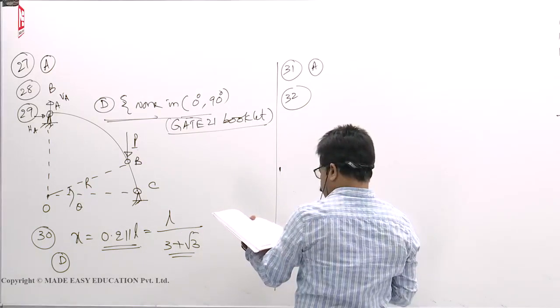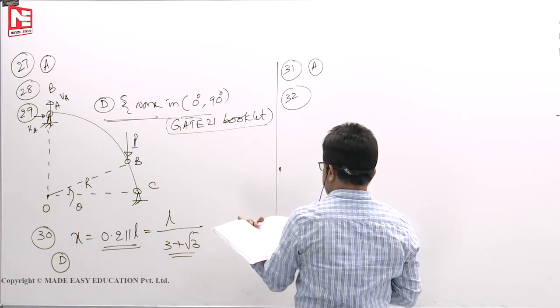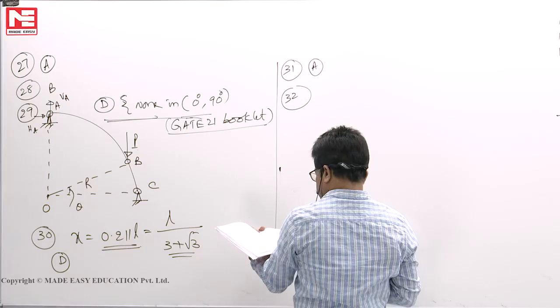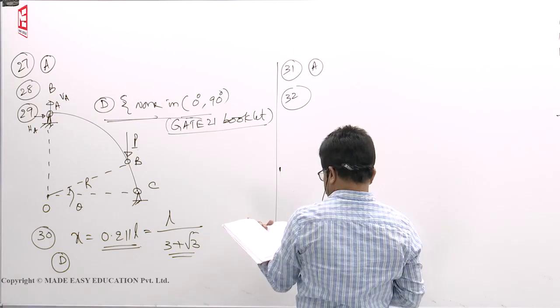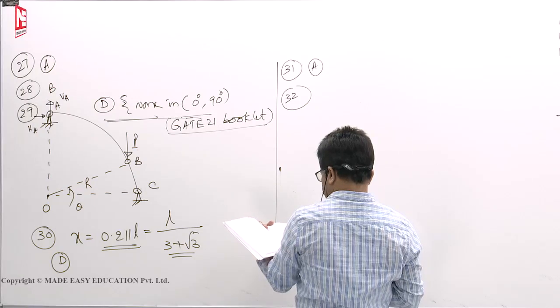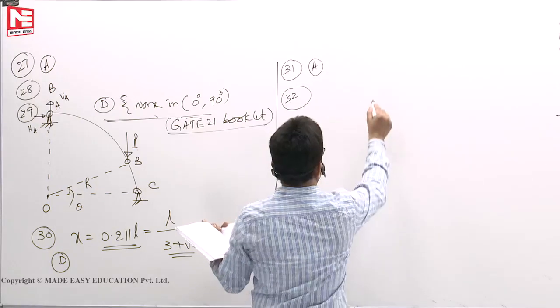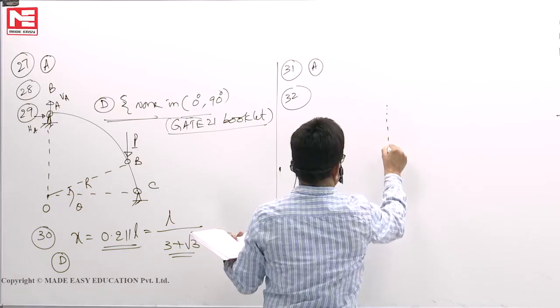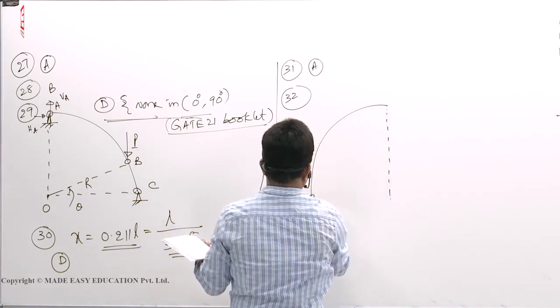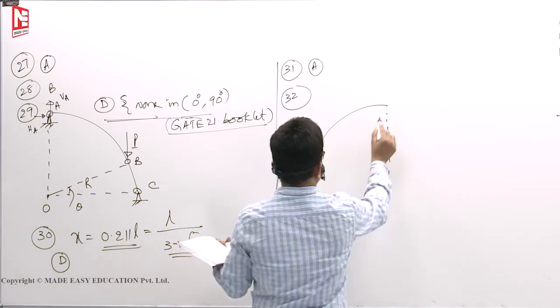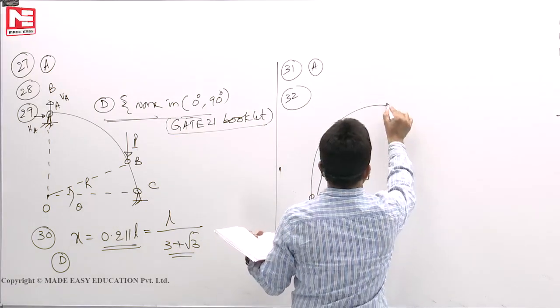A 3-hinged circular arch ACB is formed by two quadrants of circles AC and BC of radii 2r and r respectively. So it is like this. This is a 3-hinged one.